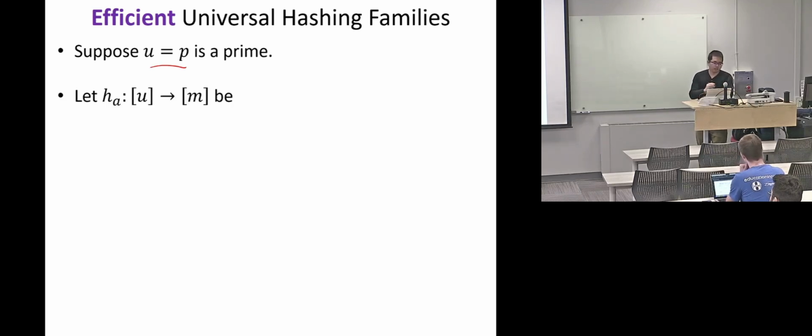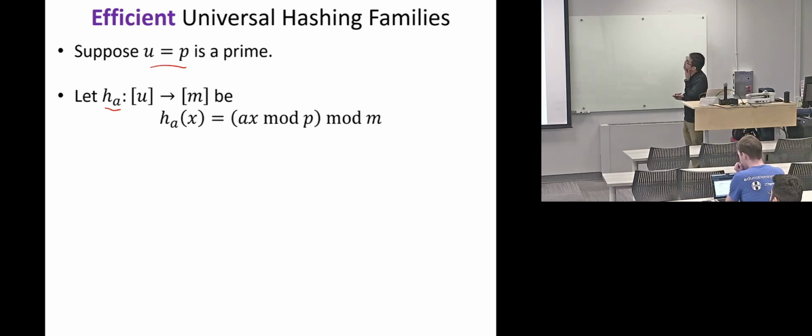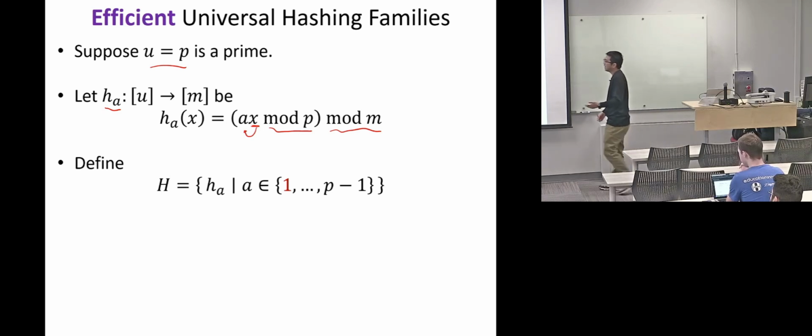I can define h_a like this: given any number x, I multiply it by a, then I mod by the prime p, and then I mod by m, so that it maps to a universe of size m. Then I define the family of functions to be all the h_a for all a ranging from 1 to p minus 1.